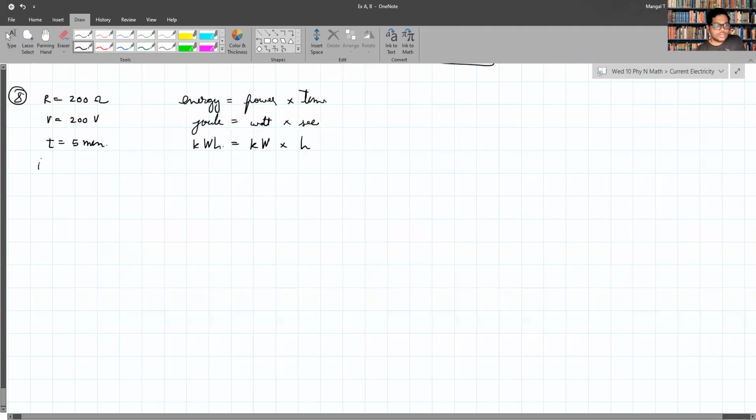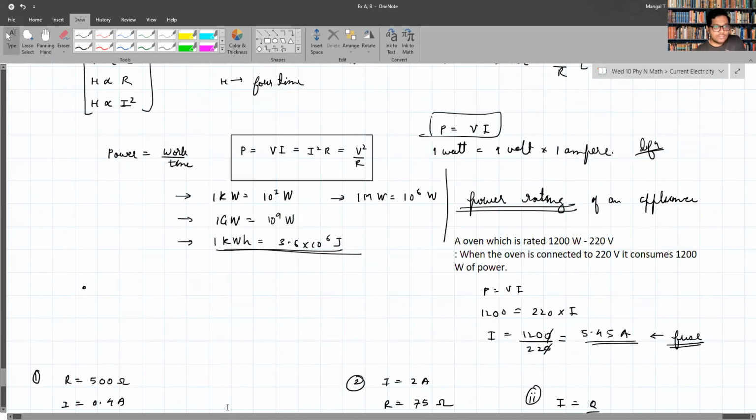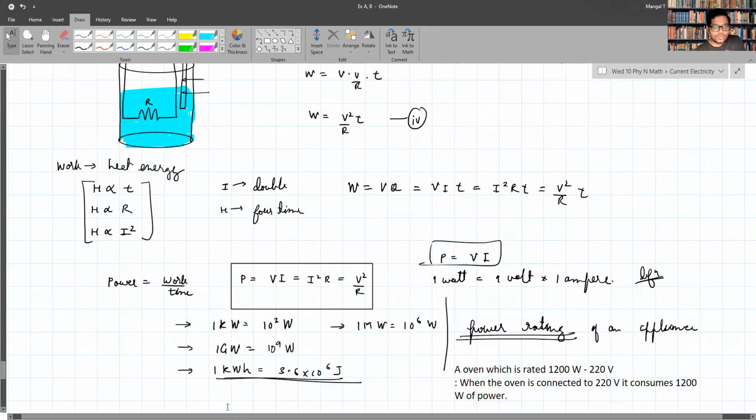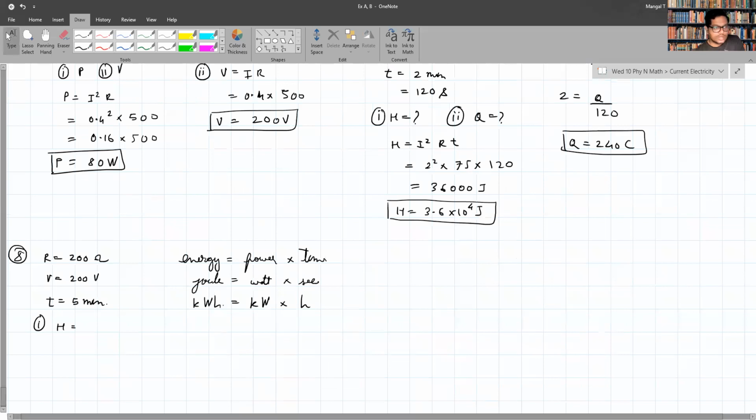So here, electrical energy is power into time, and they don't have power given, but we can use the formula V square upon R into T. So let's do that.